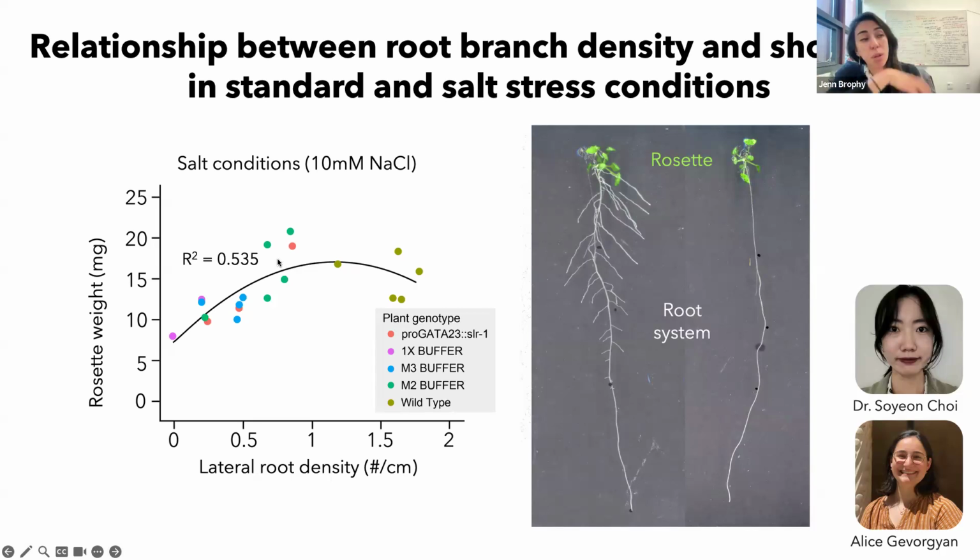We're still trying to understand this, but it could be that as you have more root branches, you're taking in more nutrients, but you're also taking in more sodium ions, which can be problematic for the growth of the plant. And we're trying to quantify the relationships between branch density and survival in different environments to have a quantitative understanding of how these feature effects develop.